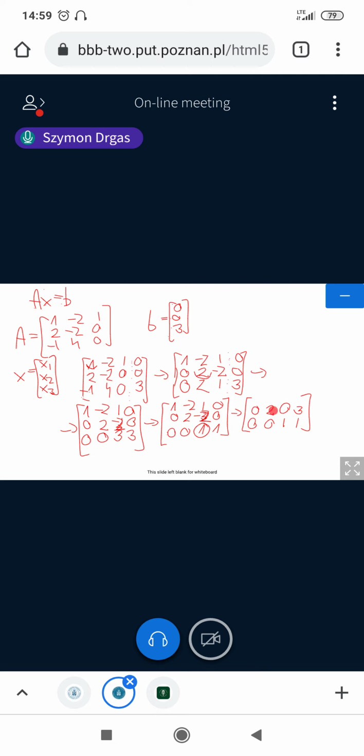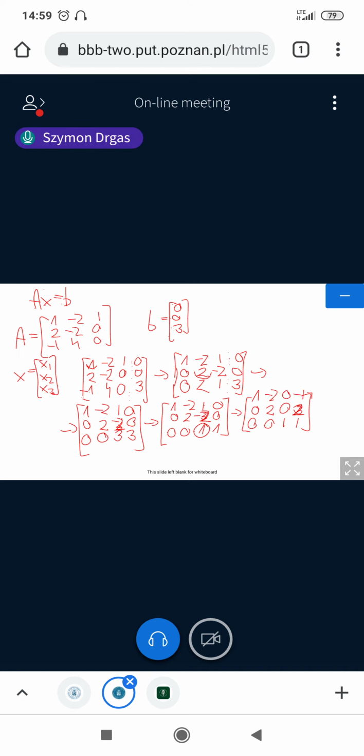So in this case, I need to multiply the third row by 2 and add it to the second row, and then I think that the numbers will be much better. And we need also to eliminate this entry, so we need to subtract the third row from the first row, so it will be 1, -2, 0, -1.